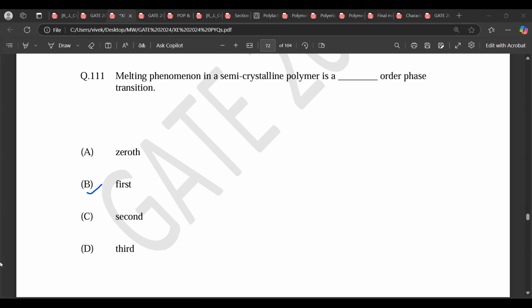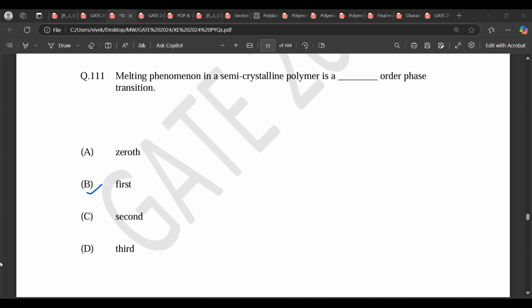What I mean is, let's say you are using dilatometry and measuring volume versus temperature. There will be a point where there is a sudden change of volume. It could be entropy, volume, or enthalpy.